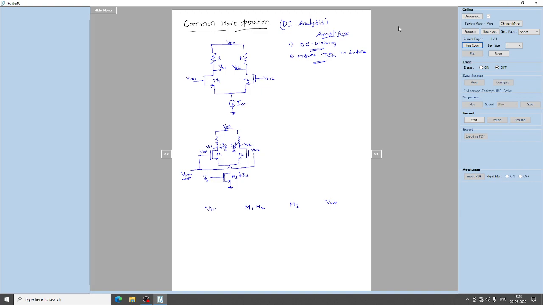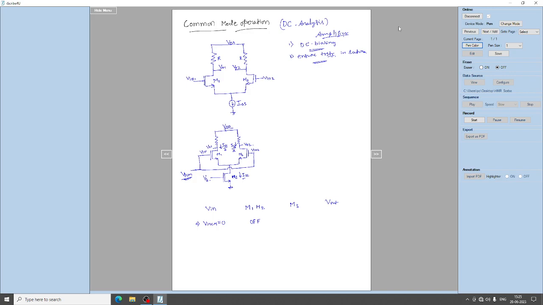If we have the common mode input VinCM equal to 0, when the input is 0, what happens? Both the transistors M1 and M2 will be off. Whereas for transistor M3, the biasing voltage is given so that M3 acts as a constant current source.